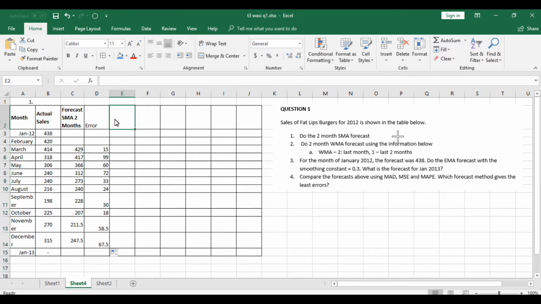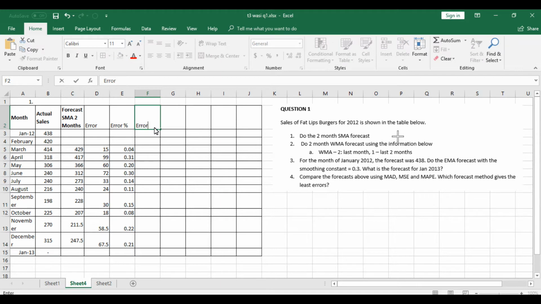So next is error percentage. To find error percentage, just divide the error by the actual cell, making sure your number is in just a few decimal places. At the last we have to find error square.